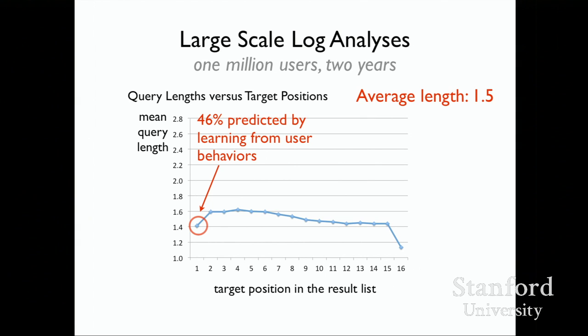In general, the more gestures the user uses for access, or in other words, the longer a query is, the more likely a target will appear at a top position in the list. On average, it took less than 2 gestures for the user to get to a target.